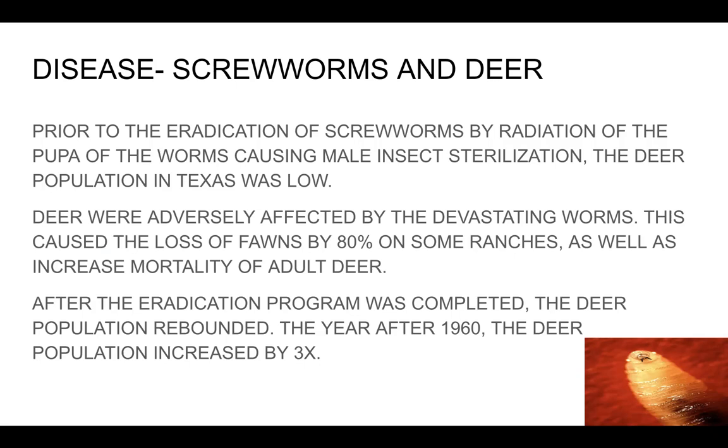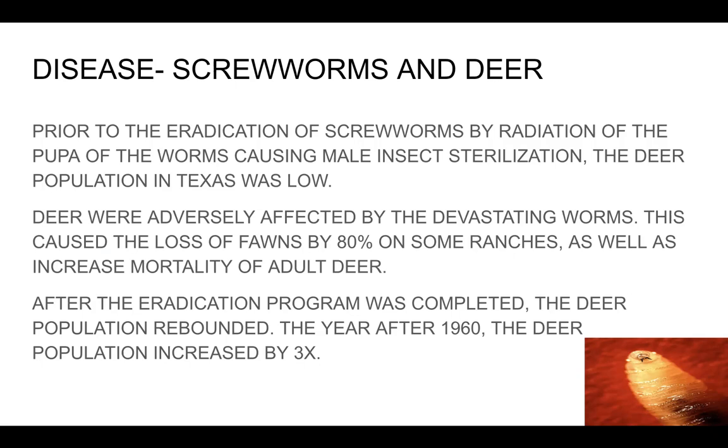Now, the scientists were able to irradiate some pupa and eradicate the screwworm. Once the pupa hatched into adults, they released the male insects. They were sterile, and at that time the deer population was low.